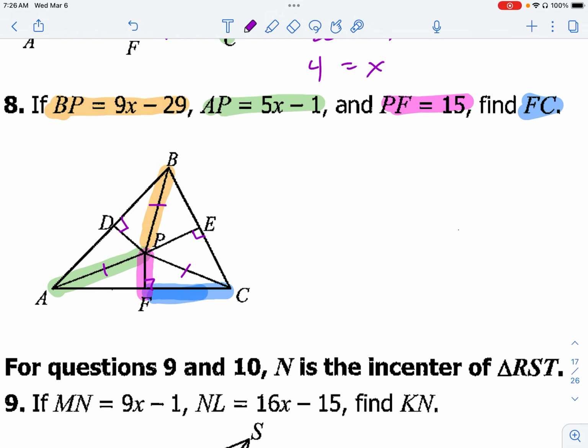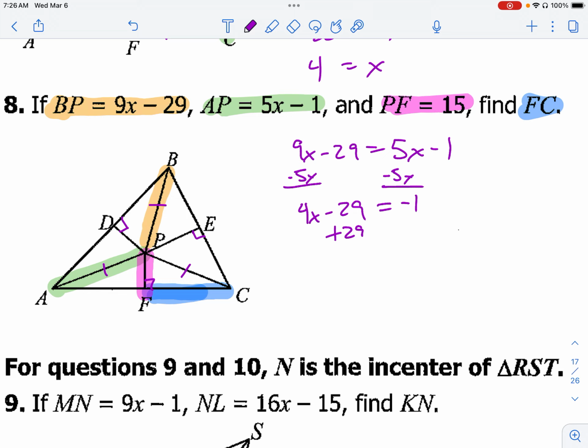So now let's solve for x. So 9x minus 29 equals 5x minus 1. So we get the x's on the same side. Then we get the x by itself. So we have x equals 7.